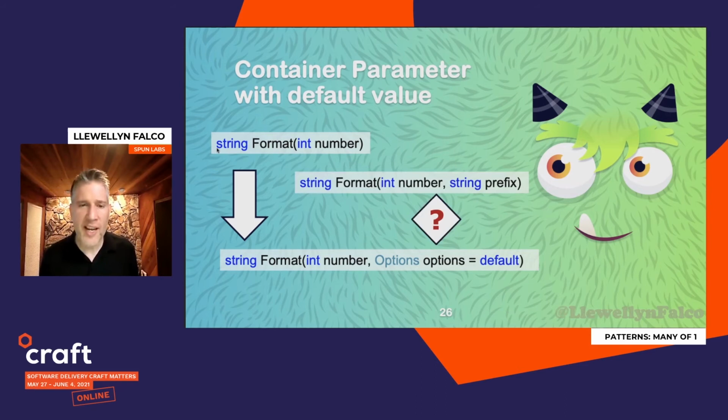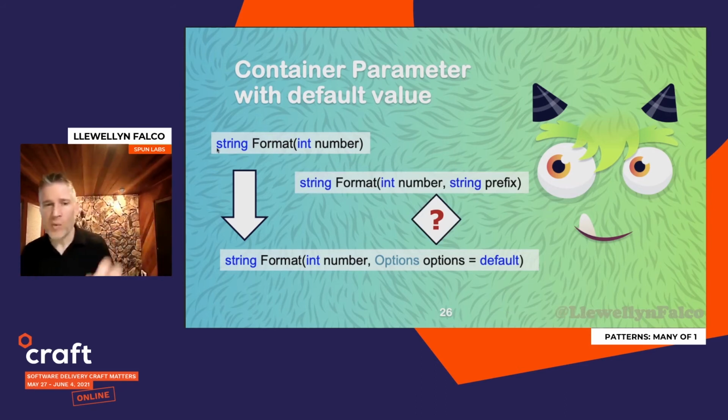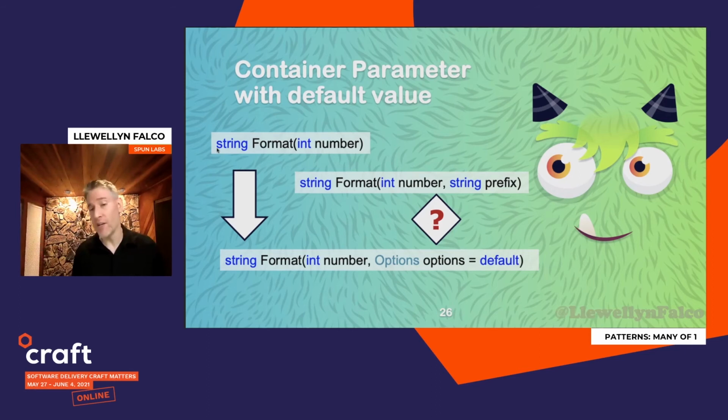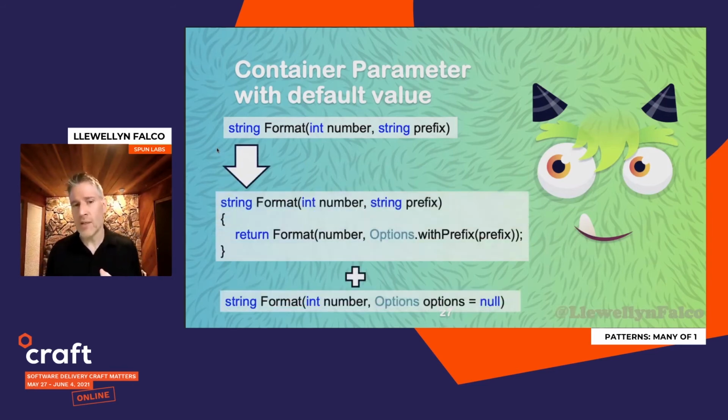Now, it's worth saying what happens if we already had the method that had the prefix. Here we're going from 0 to many of 1. What if we had 1 and we want to move it to many of 1? Well, that's also okay, but you need to put an extra step. So we have format that is already taking 1 option. Then we have to put 2 methods in place.